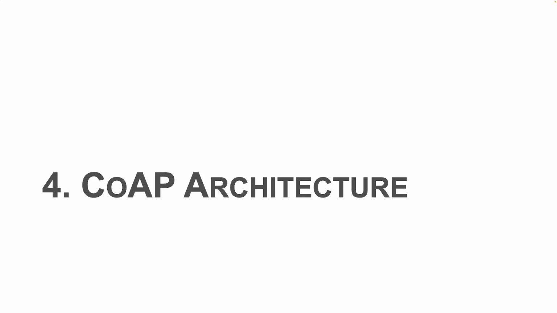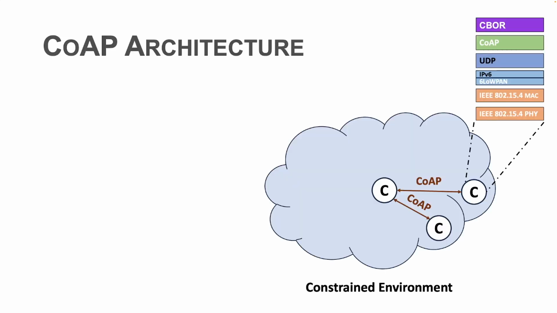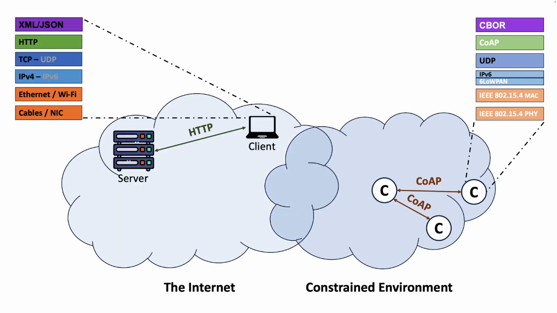Let us now proceed with the last and the core part of this video, which is the CoAP architecture. The Constrained Application Protocol is already very useful when we use it for communication between CoAP endpoints within a constrained environment. But it reaches its full potential by interworking with HTTP. The REST architectural style enables this through proxies, or more generally, intermediaries that behave like a server to a client and play a client toward another server.